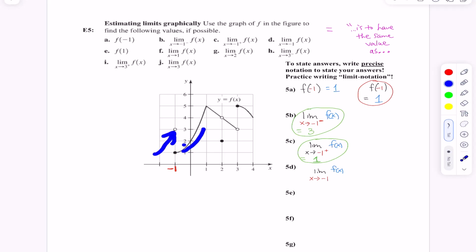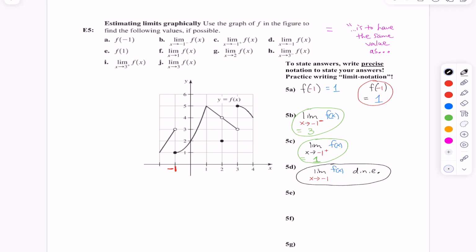So here we simply write DNE. DNE means does not exist. If it doesn't approach the same finite number, then we say that the limit as x approaches a from both sides of that function does not exist.